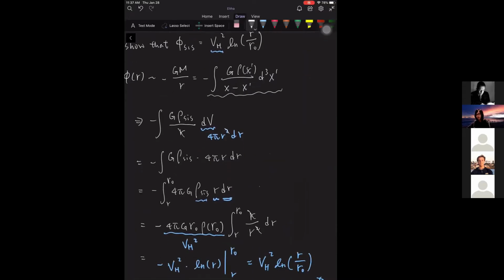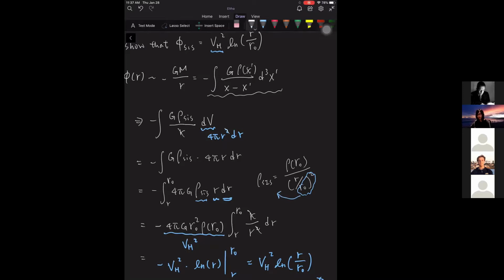Because we are using the given distribution, rho equals rho of r naught over r naught squared, we can take this r naught squared outside. Oh, I made a mistake.